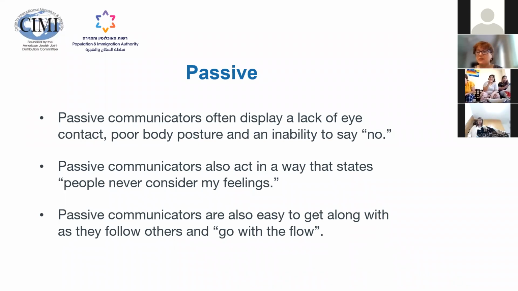But, and this is a big but, passive communicators are often very frustrated because they can't be very well understood, and very often they're misunderstood and frustrated, and because they're not communicating what they're thinking, feeling, and so on. And very often they can be taken advantage of.